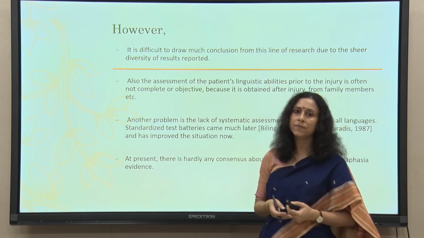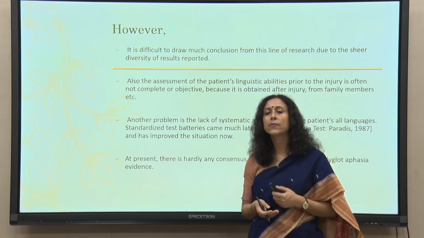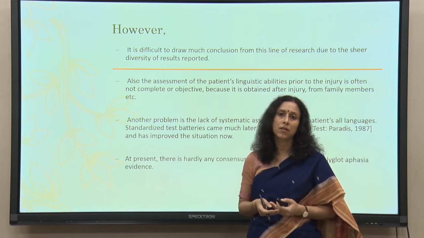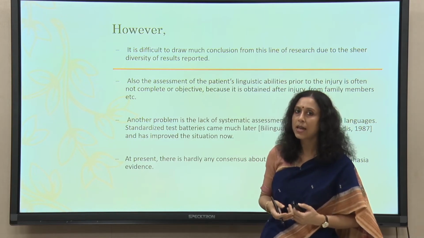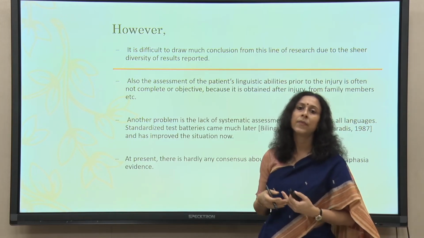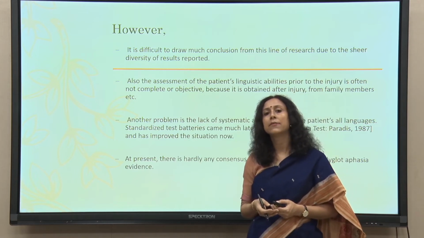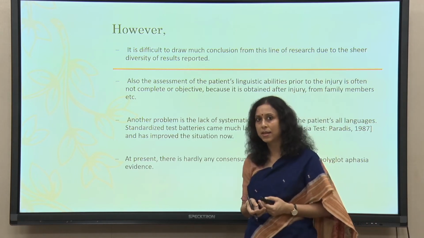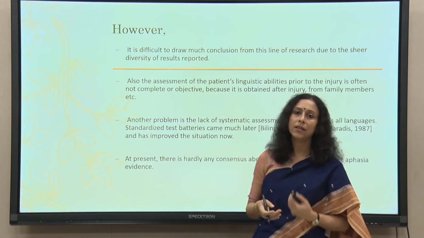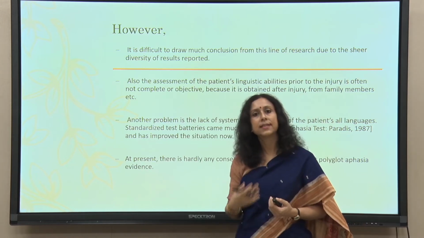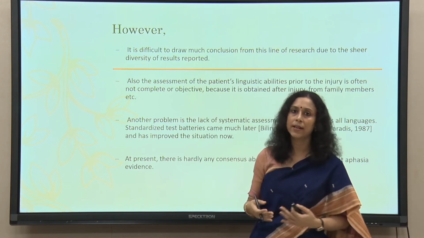Another problem with respect to these findings is that for a long time the patient's 2 languages were not assessed properly. The diagnostic tools were not developed until very recently. Diagnostic tools that objectively assess the bilingual's proficiency in both the languages, proficiency at various levels.